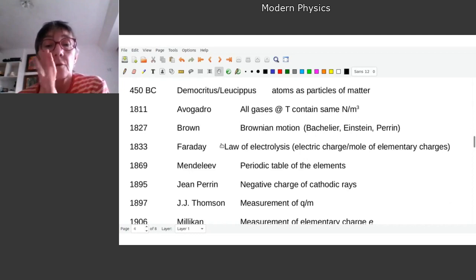I won't enter into details here, but I put three names here, Bachelier, Einstein, and Perrin. So Bachelier, I think he was a student of Henri Poincaré, and he described this motion statistically, stochastically.